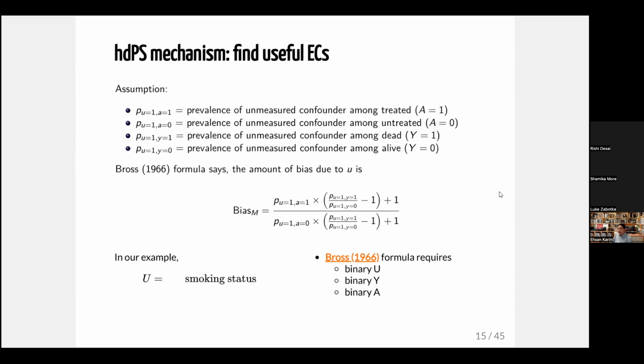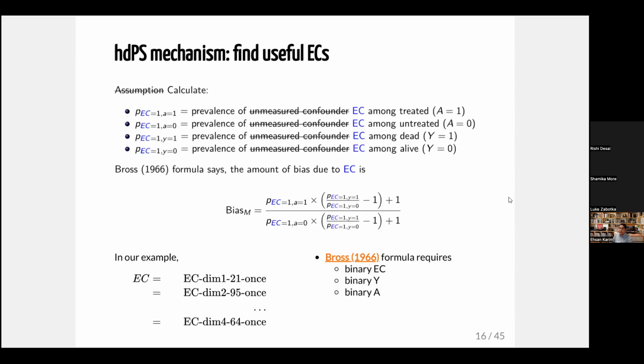But when we have the empirical covariates, even though we do not necessarily know the direct implication of those covariates in the research question of our interest, we can simply plug in those empirical covariates to find out the prevalences of one particular empirical covariate among the treated, untreated, dead, and alive.